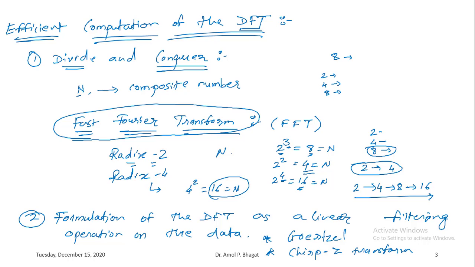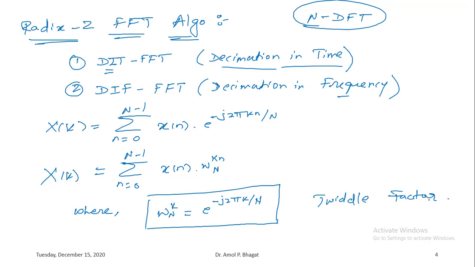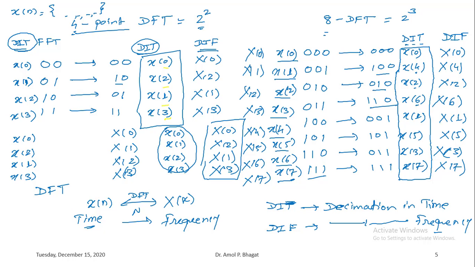While in case of formulation of DFT as a linear filtering operation, there are two algorithms, that is Goertzel and Chirp Z transform. Right. So here we have discussed the Radix 2 FFT algorithm, which can be categorized into DIT FFT and DIF FFT. When you are using decimation in time, decimation in the input sequence will be utilized. When it is decimation in frequency, decimation in the output will be there, right?